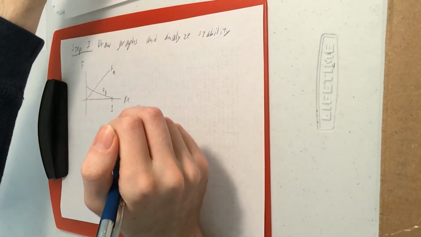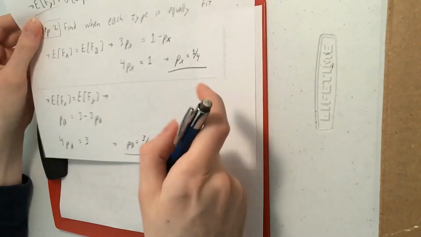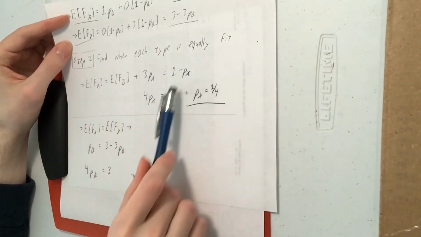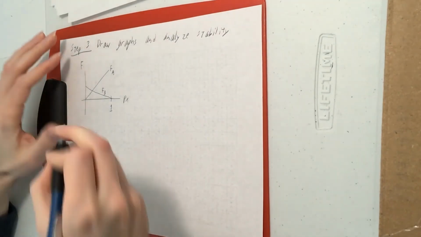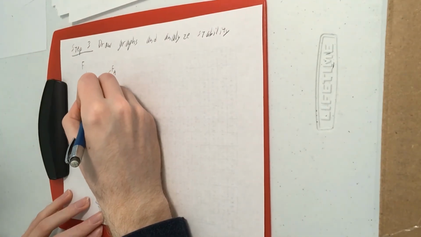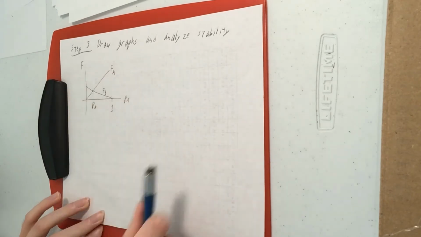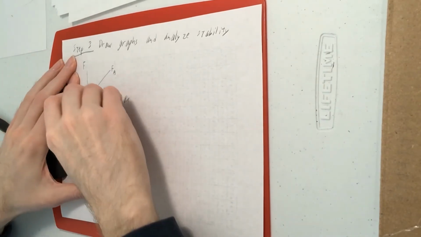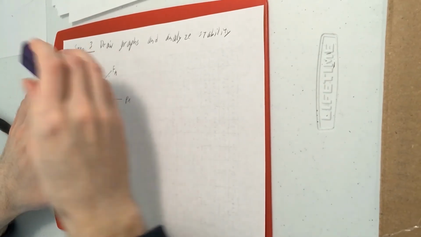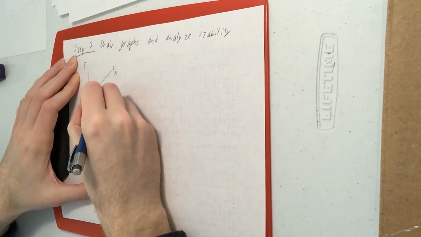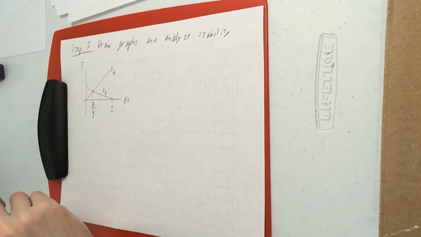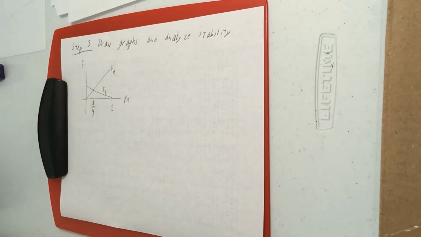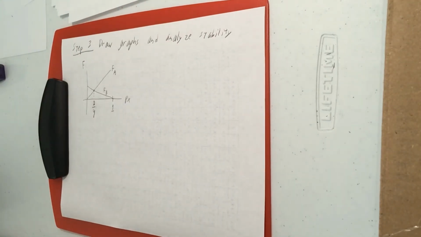And we established that they are going to be equally fit when px is 1/4. So this happens there. Oops, that's already a px. It should be 1/4. So that's the individual graph for species 1.